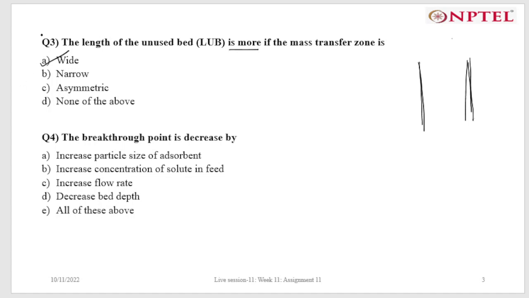Question 4. The breakthrough point is decreased by. The options are: increase the particle size of the adsorbent, increase the concentration of solute in the feed, increase the flow rate, decrease the bed depth, and all of the above.